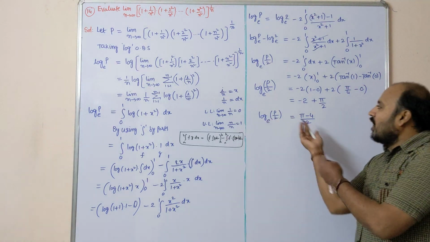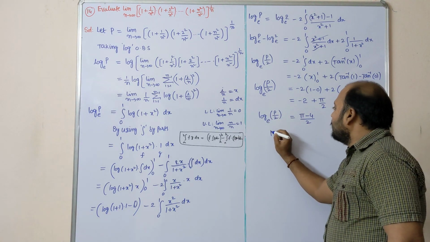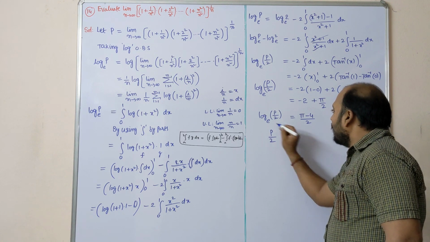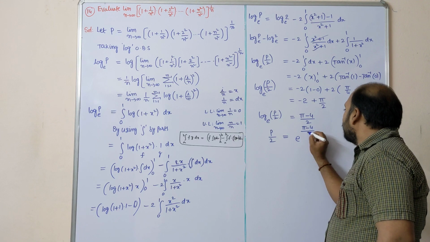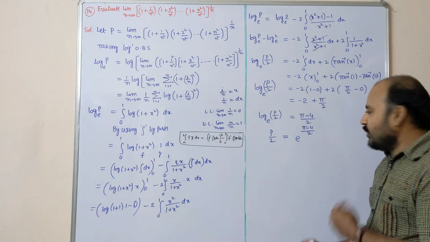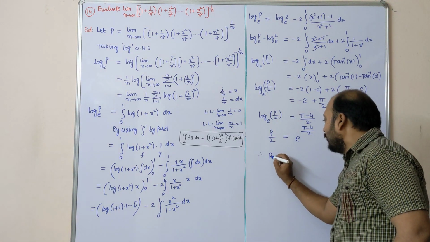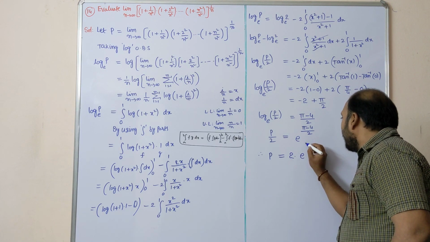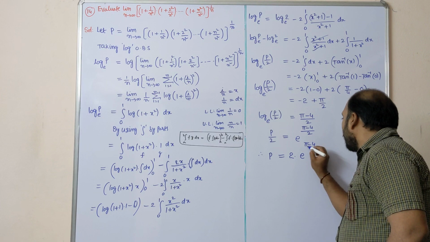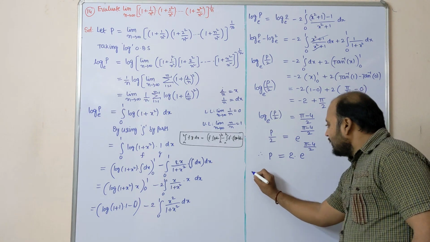If you want to remove log, p by 2 equals exponential e power of pi by 4 minus 2. But I want the p value. So therefore p equals, taking 2 to this side, 2 into e power pi minus 4 divided by 2. That is what p is.